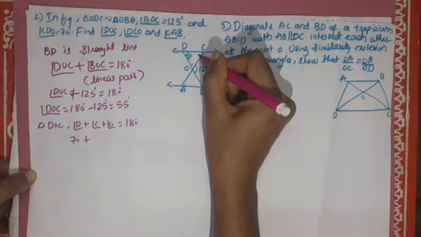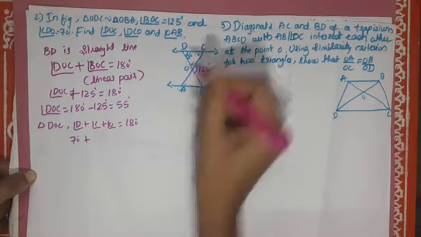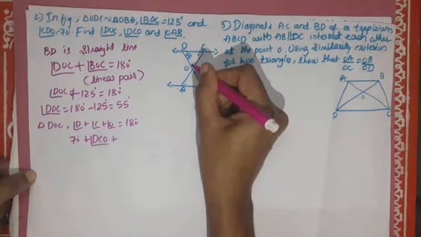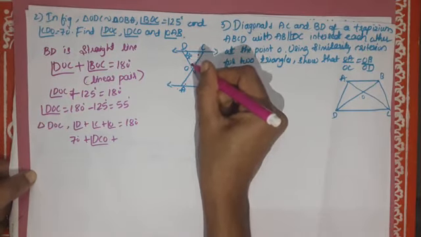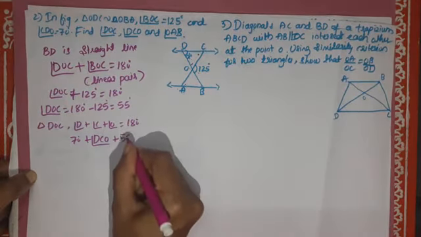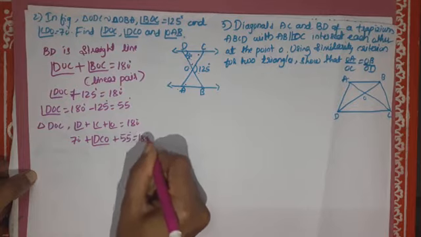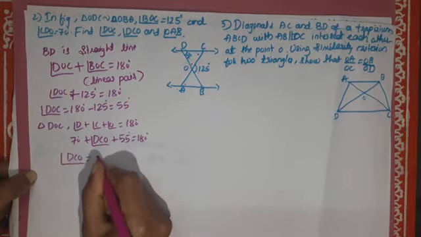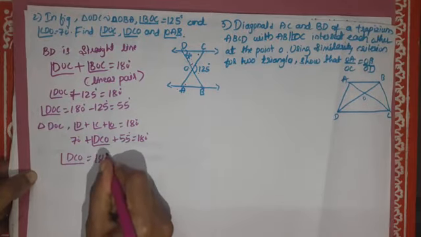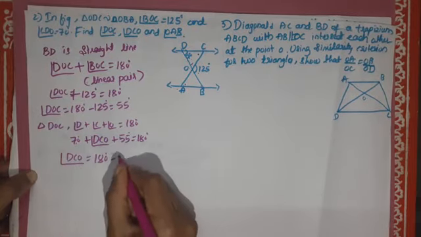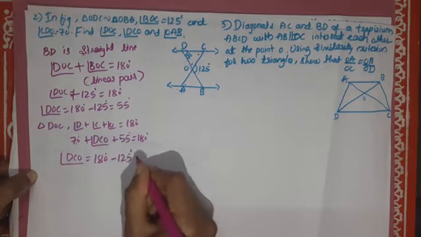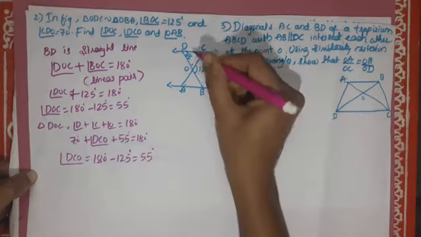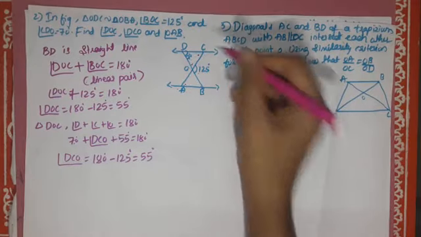Angle C, I just write as DCO, plus angle O, which is 55 degrees, equals 180. Now DCO equals 180 minus 125, because 70 plus 55 is 125. So 180 minus 125 is 55 degrees. So DCO is also 55 degrees.